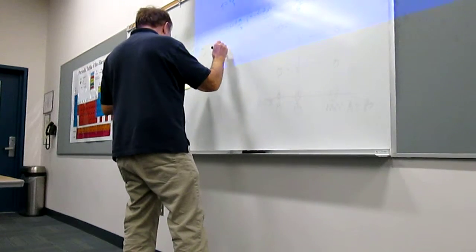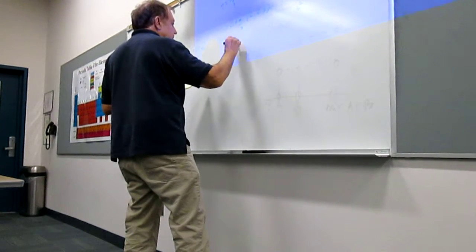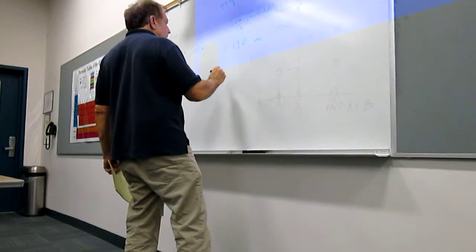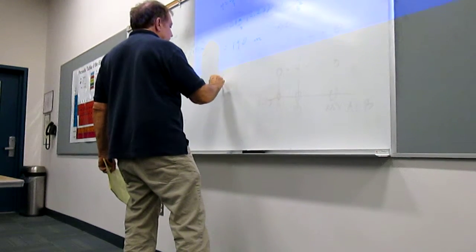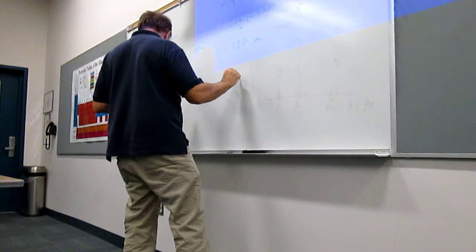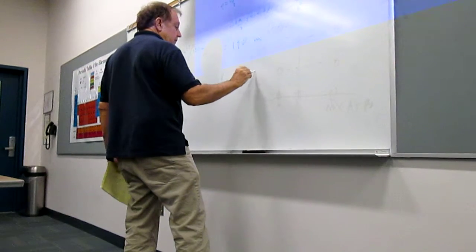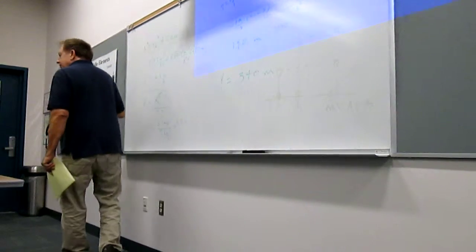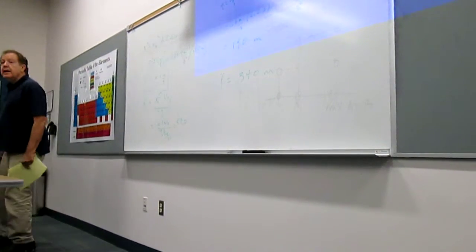So it adds up to about 190 meters. Then we add that to 150. So y total is going to be 340. That's the maximum vertical distance.